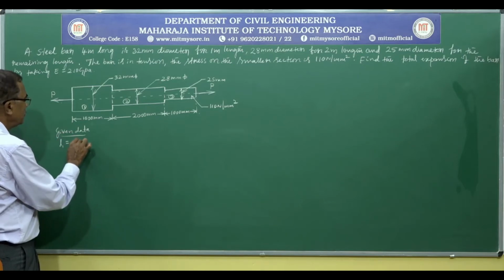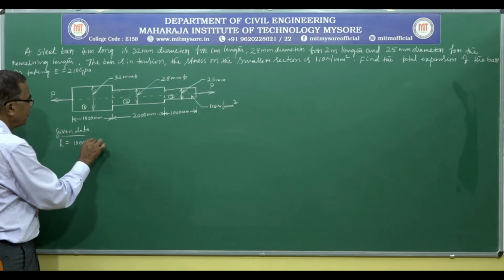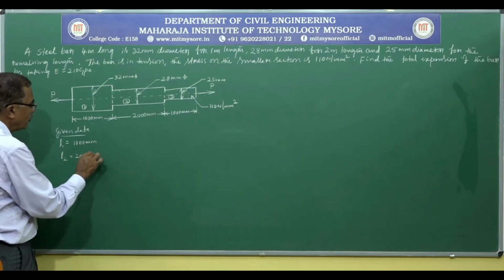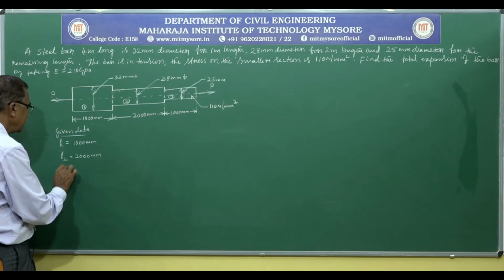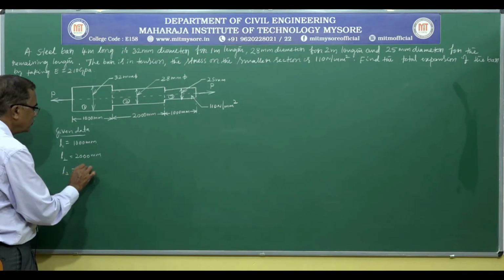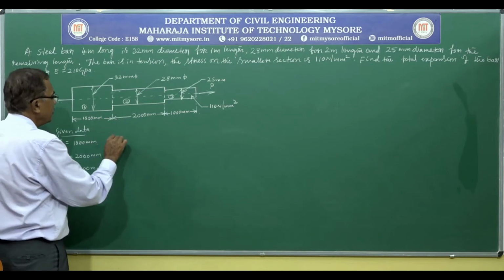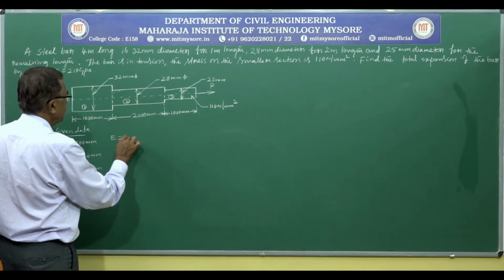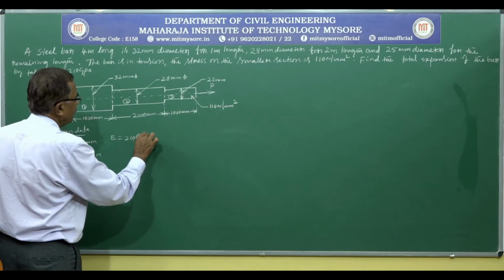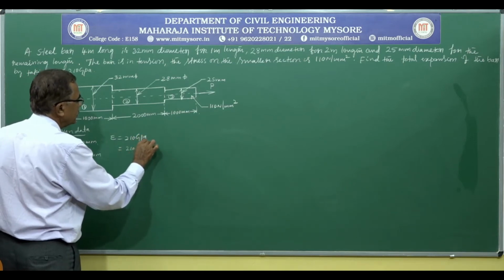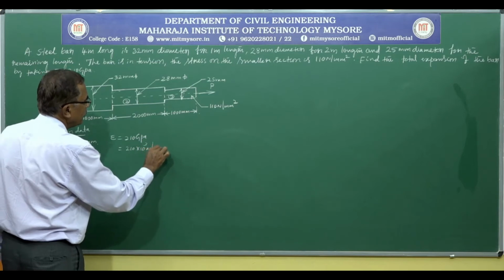L1 is equal to 1000 millimeter, L2 is equal to 2000 millimeter, and L3 is equal to 1000 millimeter. Given Young's modulus of the material E is equal to 210 GPa, that is equal to 210 into 10 power 3 Newton per millimeter square.